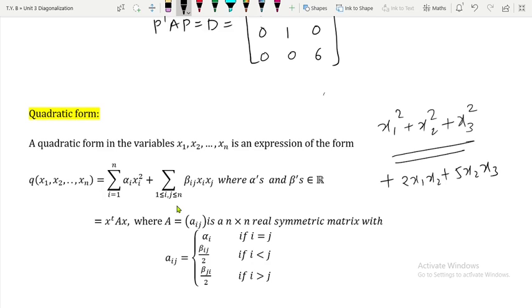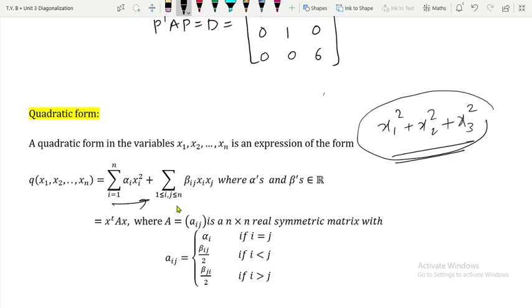But suppose a quadratic form does not contain these cross terms, only x1 square, x2 square, x3 square and x4 square, and not terms like x1 multiplied by x2, x2 multiplied by x3 and so on. Such a quadratic form is said to be in standard form.